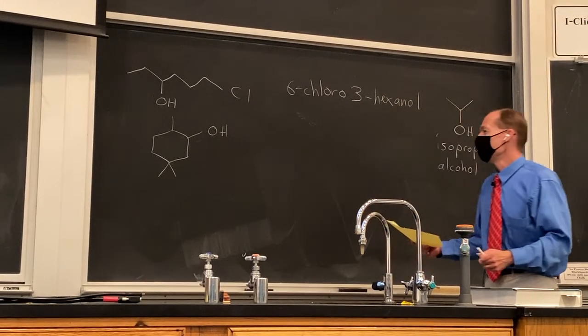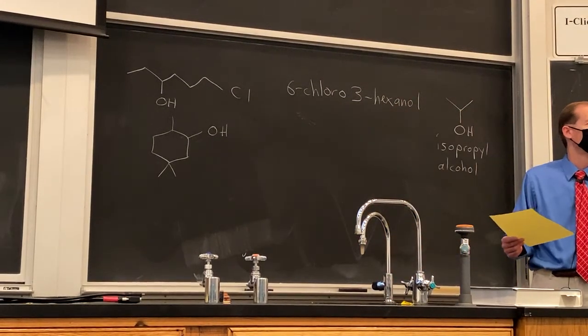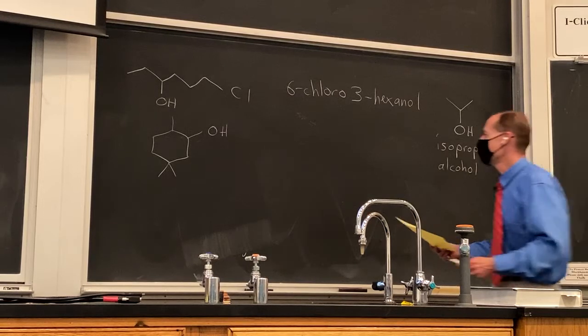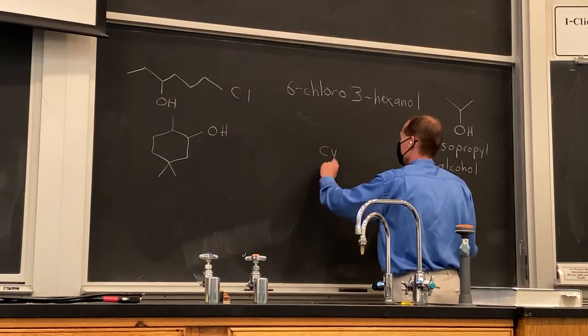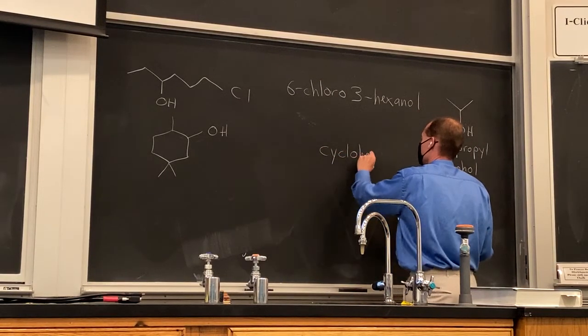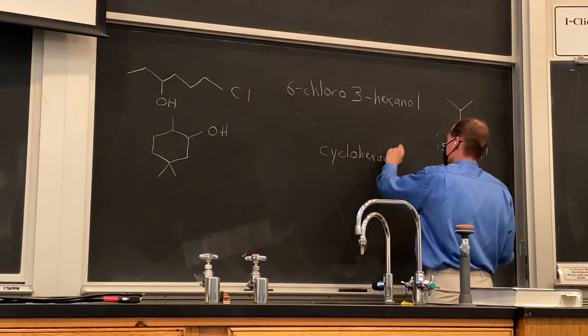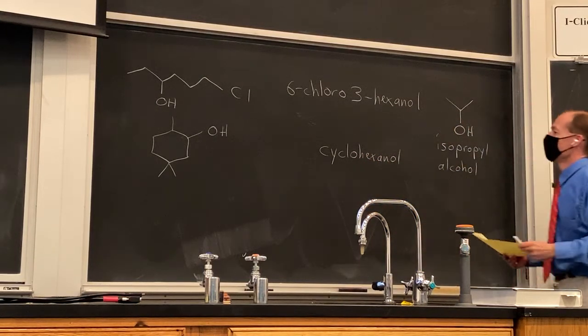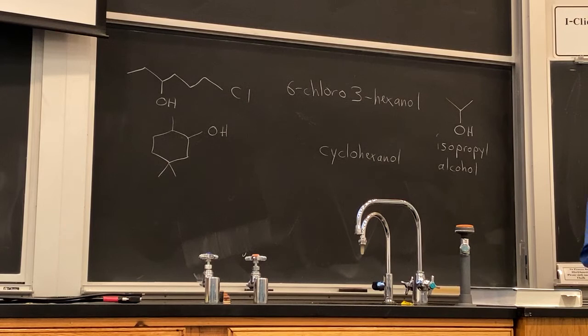Okay, what's our parent name going to be? Cyclohexanol. Good. All right, we don't need a number in front of the cyclohexanol to indicate the position of the OH group, but we do have to put our substituents in front. So what's going to go in front of cyclohexanol?